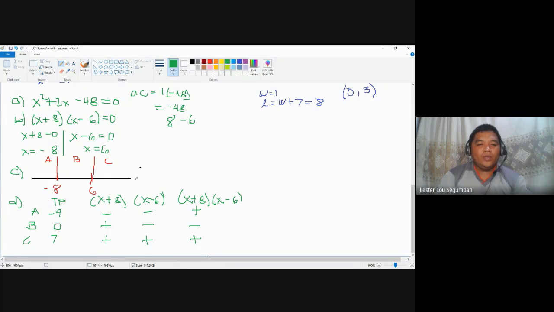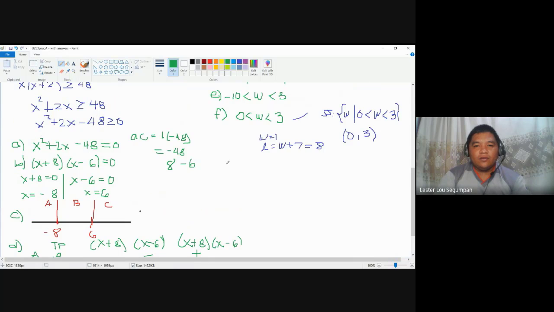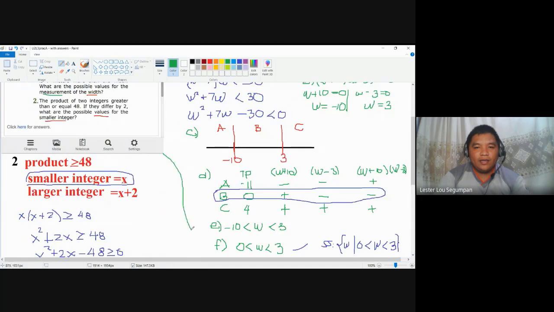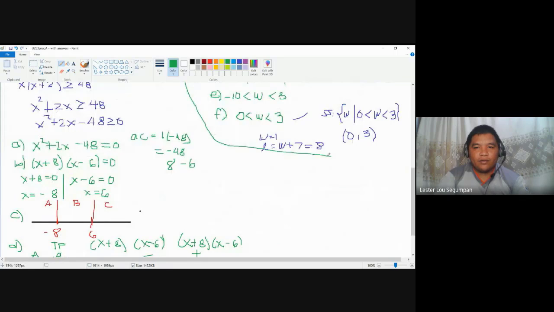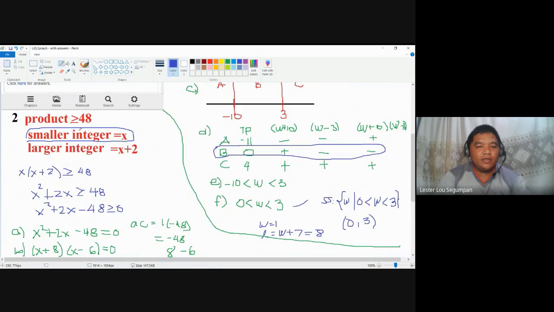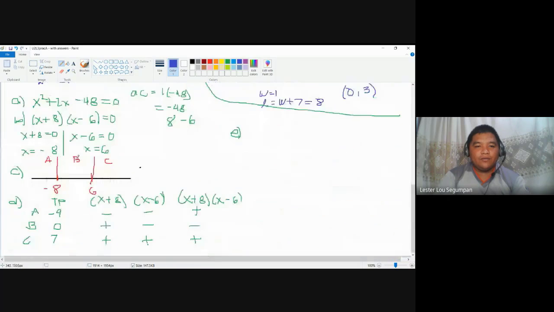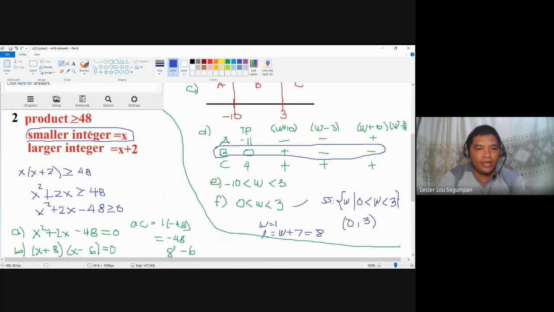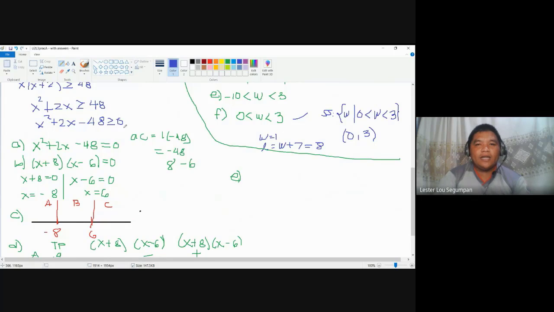So which regions now? We're going to divide this just to separate the two numbers. So I'm going to place here letter E. The regions are those that will cover the product greater than or equal to 48, or in the equivalent quadratic inequality greater than or equal to 0.